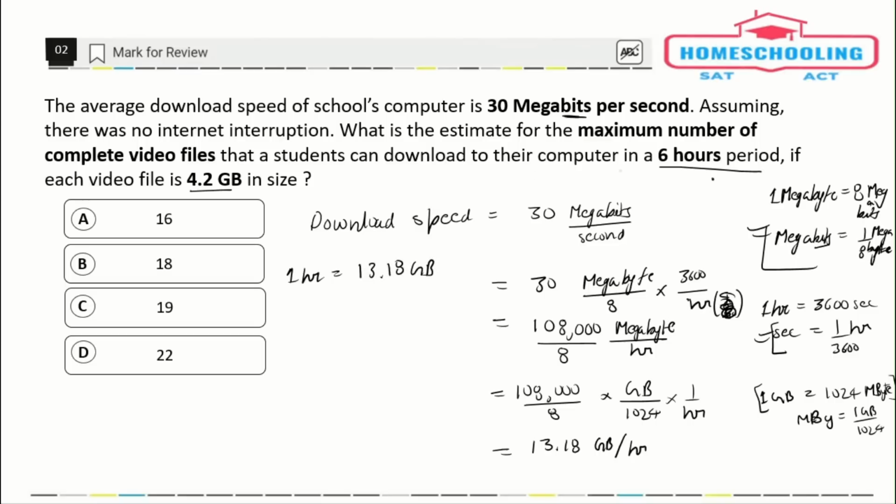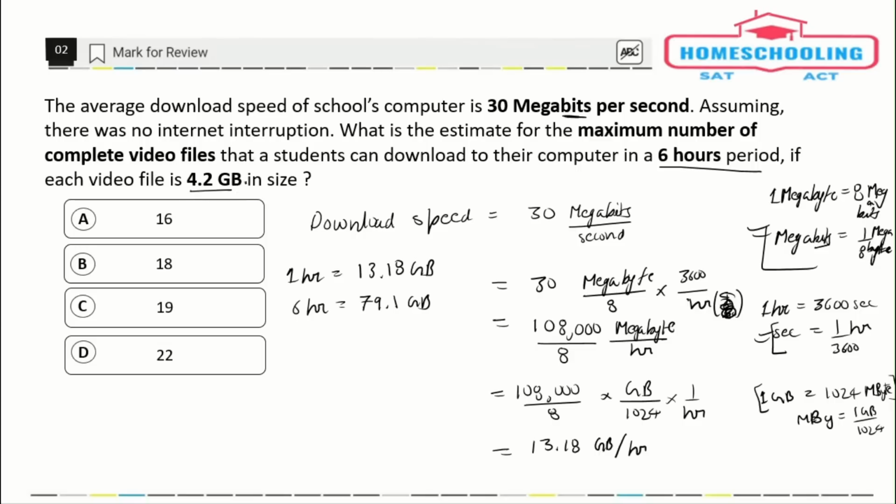We have to find how much it is going to be in 6 hours. In 6 hours, 13.18 into 6 is going to be 79.1 GB. And we have to find how many video files we can download, where one video file is 4.2 GB.